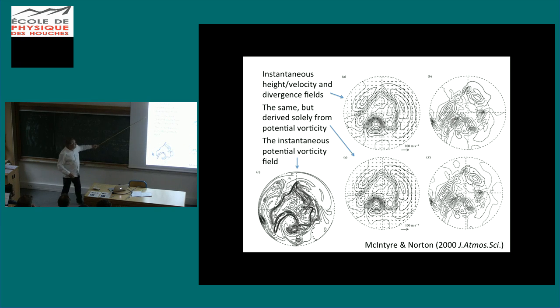But if they derive the height, the velocity and divergence from the potential vorticity using one of these balance conditions, you can see that they can reconstruct. Well, maybe it's not so surprising that you can reconstruct the divergence and the velocity, but you also reconstruct, to very high accuracy, the wind and height. You get the divergence field.